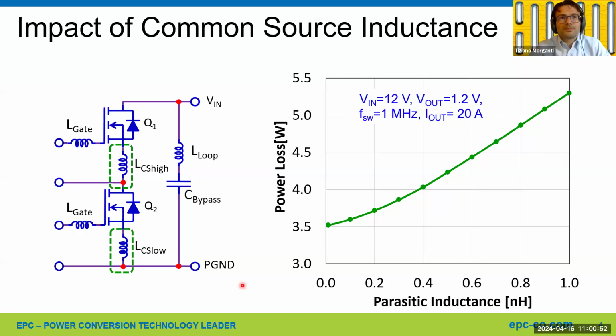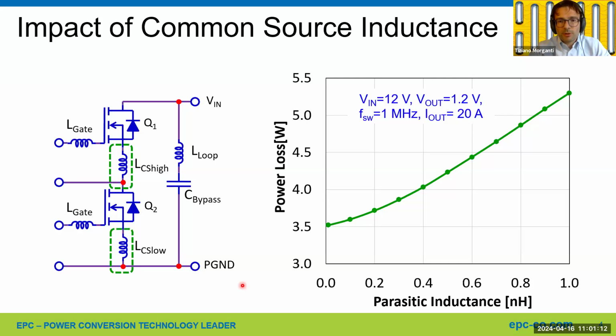It is possible to add a Schottky diode to help the freewheeling during the dead time. But what we recommend the most is to reduce the dead time as much as possible.